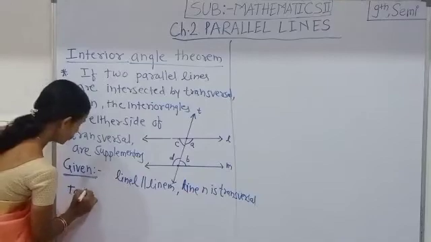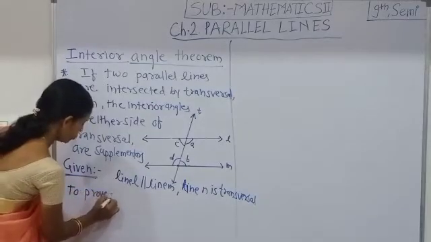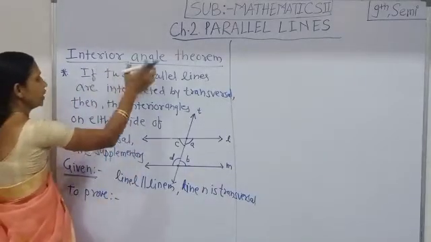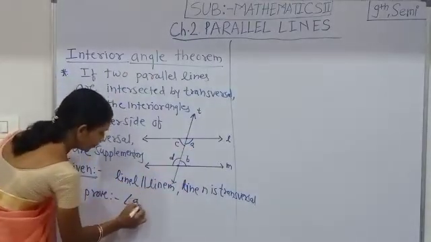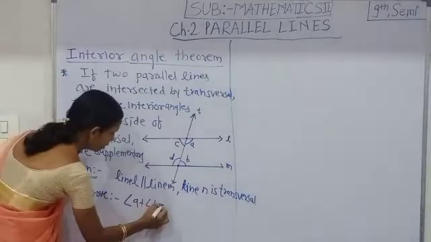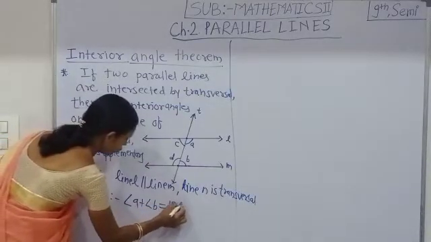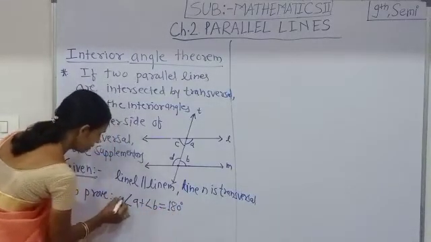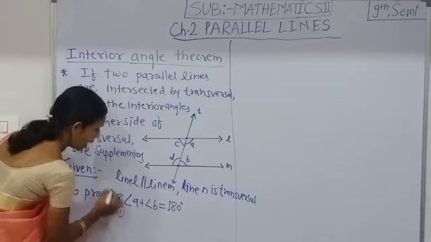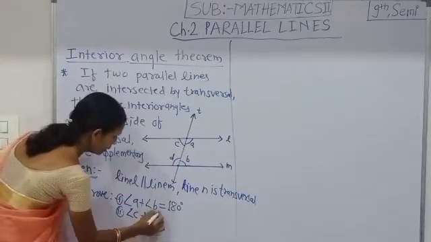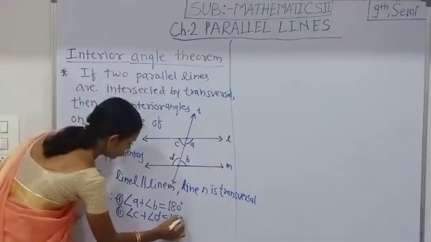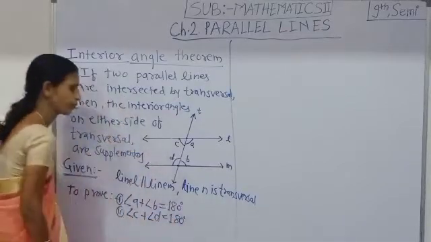We have to prove the property of interior angles, that is angle A plus angle B is equal to 180, as well as angle C plus angle D is equal to 180 degrees.